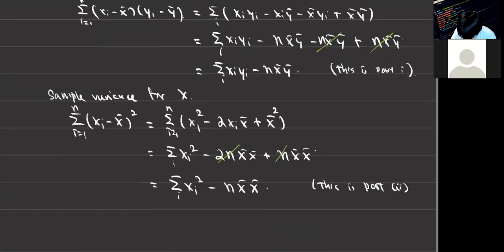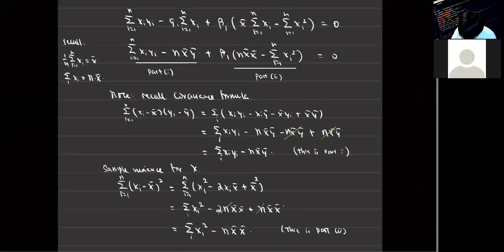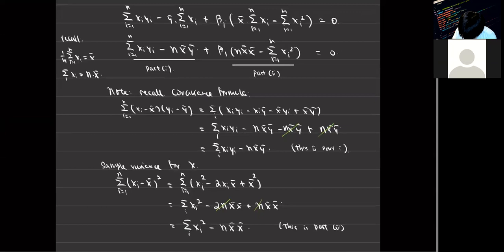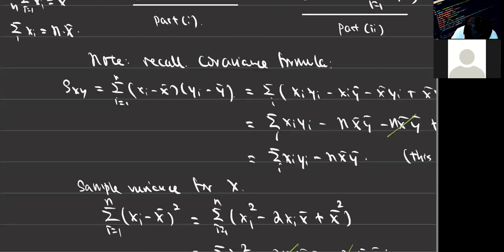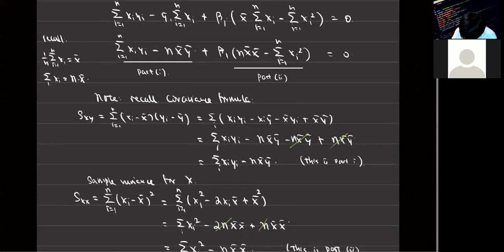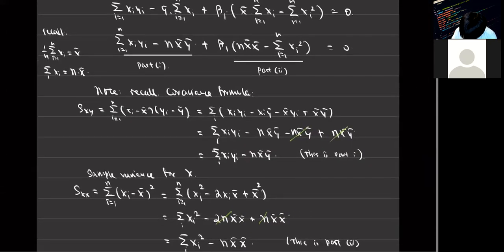All right. So now, since we know part 1 and part 2 and where they come from, we know this and we know this. So the shorthand notation is to denote this as sxy and denote this as sxx. And thus, we can solve for beta 1 hat.